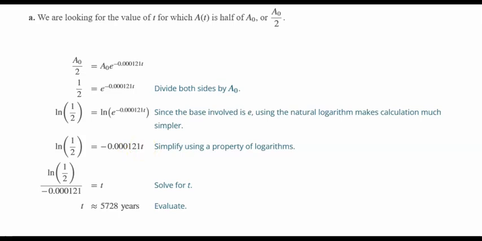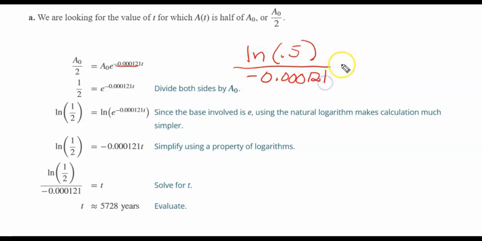They're showing you the actual steps here, but it will be natural log of 0.5, which is 1/2, divided by this portion, which is a negative 0.000121, will equal t. And that's what they have down here.